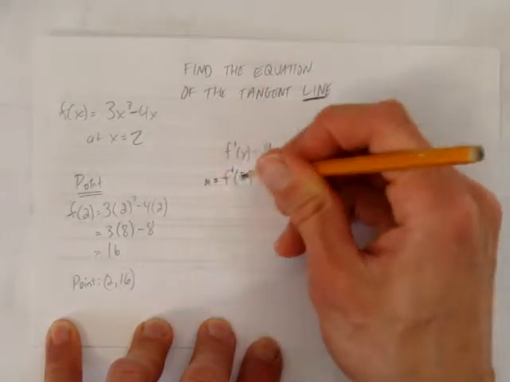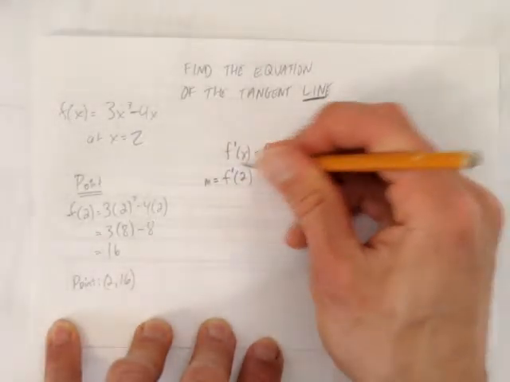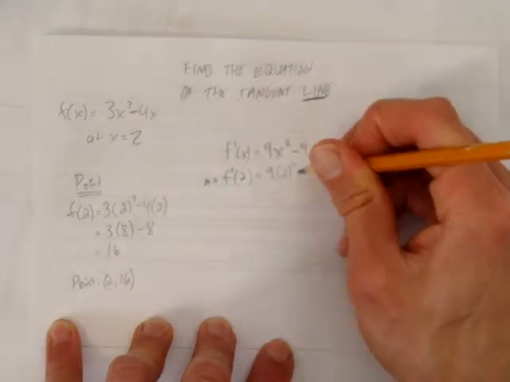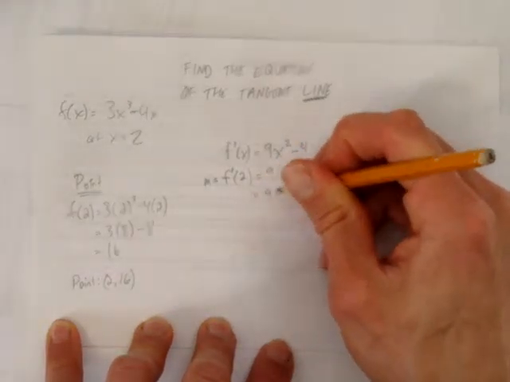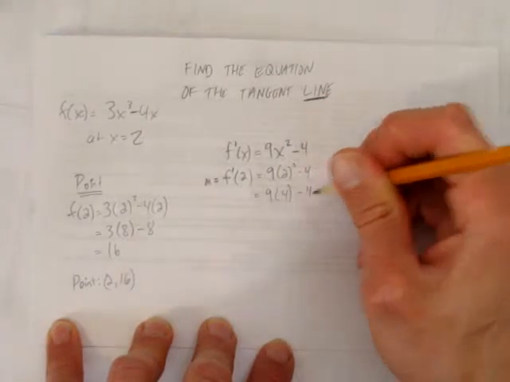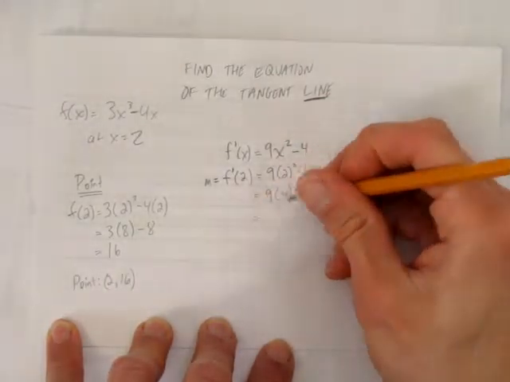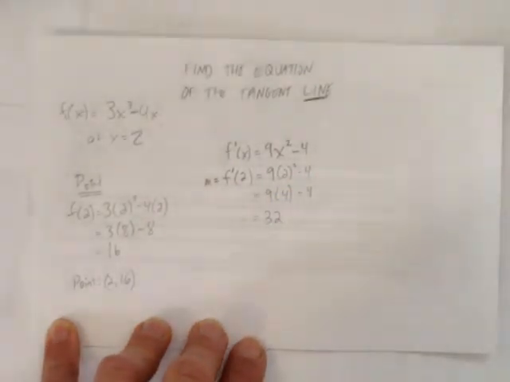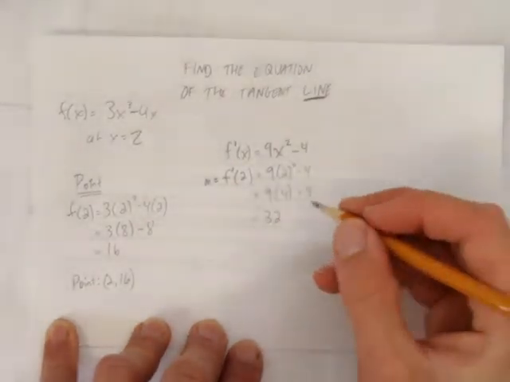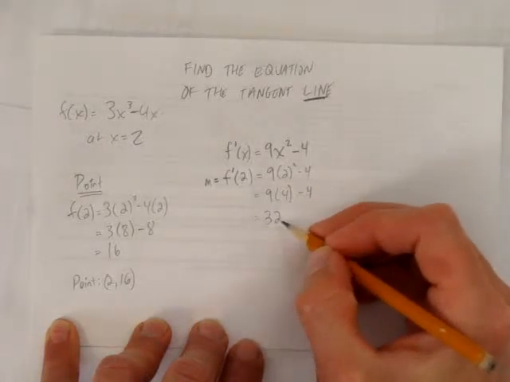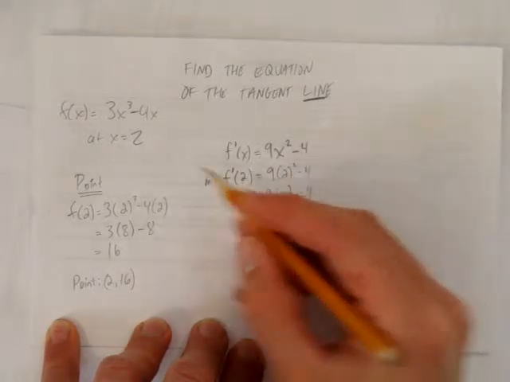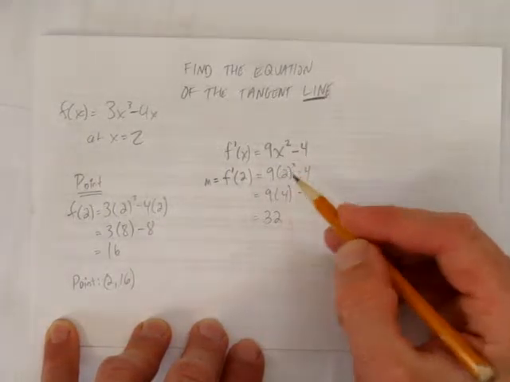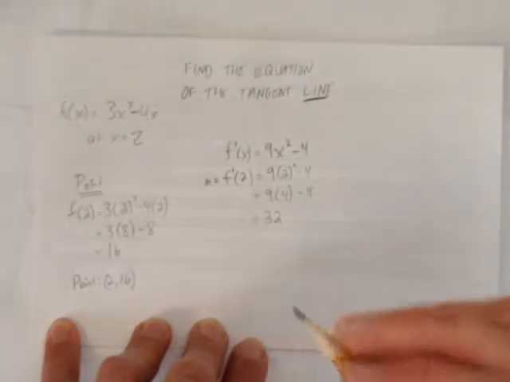It's just going to be the derivative at 2, which is 9 times 2 squared minus 4, which is 9 times 4 minus 4. 9 times 4 is 36, take away 4, 32. So, now we know the slope at 2, when we subbed in 2, the slope of this line is just going to be 32.